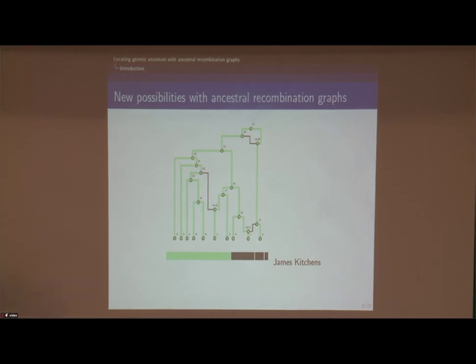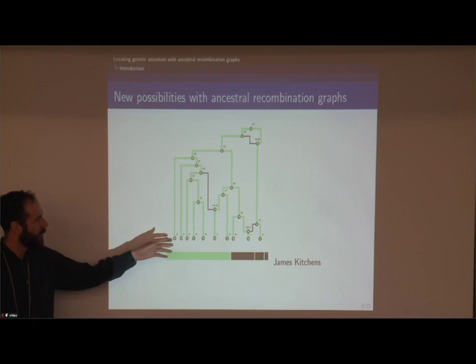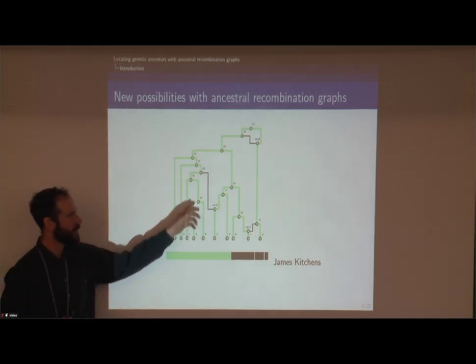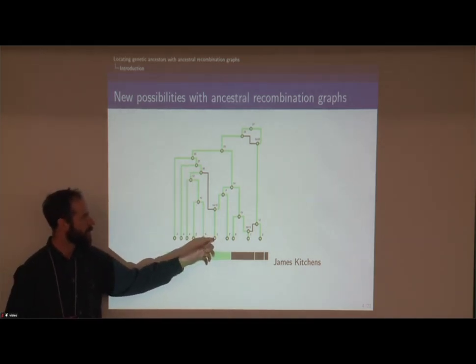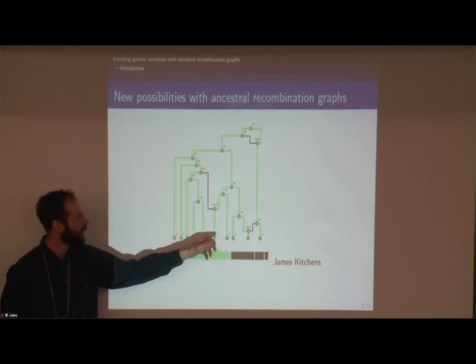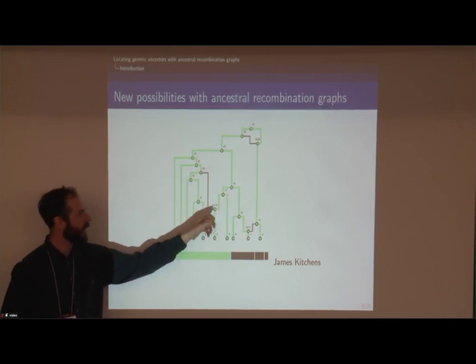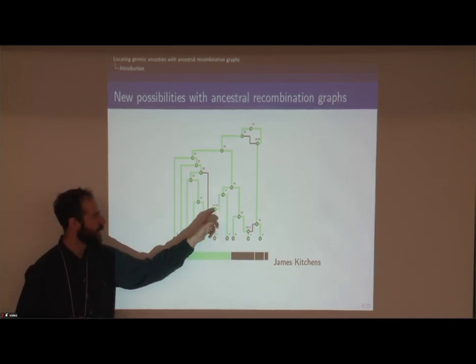And so what I want to talk to you today about is a different method that is now possible because we can infer ancestral recombination graphs. These ancestral recombination graphs are like trees. They have coalescent events back in time, but there's also recombination events back in time, where for this sample 3, the left half of its genome was inherited from over here, the right half was inherited from over here, at this recombination node.